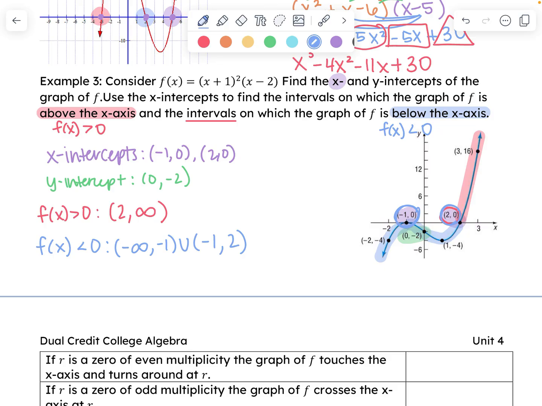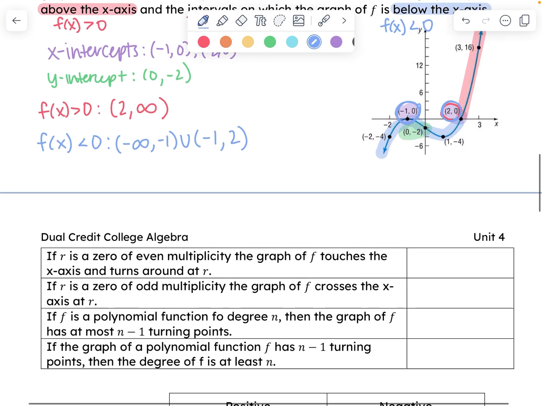So we're finding the x values that give us certain y values that are either positive or negative, greater than 0 or less than 0. There are some other nice characteristics that come with polynomials. We're going to look at that on the next page.